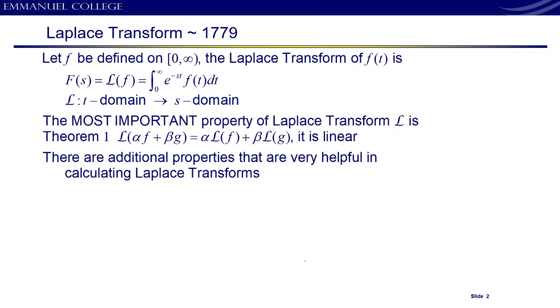But there's also some additional properties that help out a lot. Like this one. If you do the Laplace transform of e to the alpha t, or e to the at, times f of t, basically what happens is it just creates a shift of your original Laplace transform.